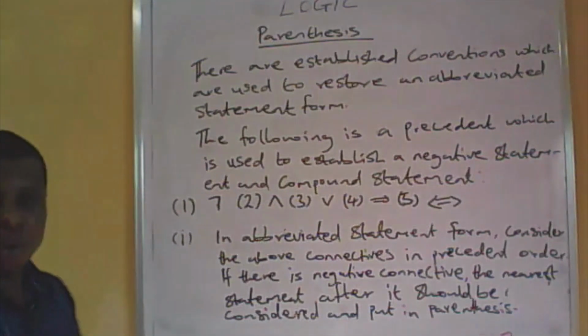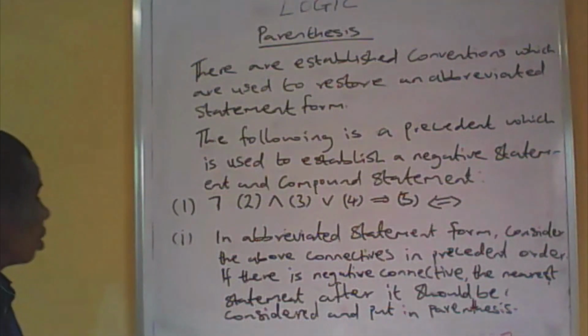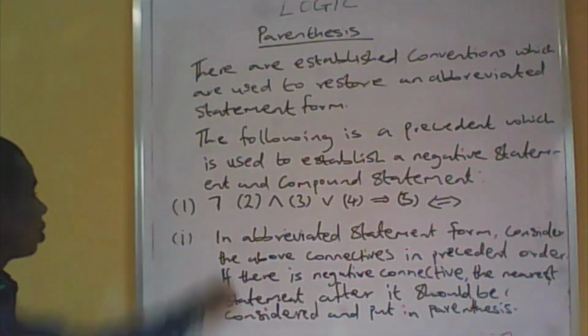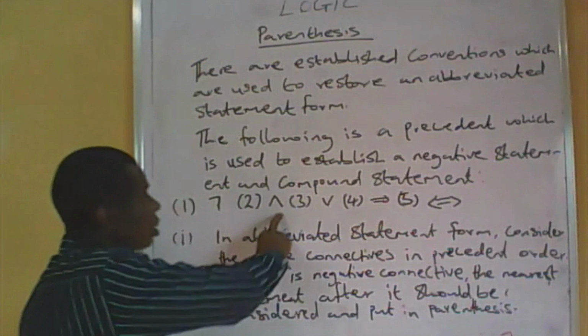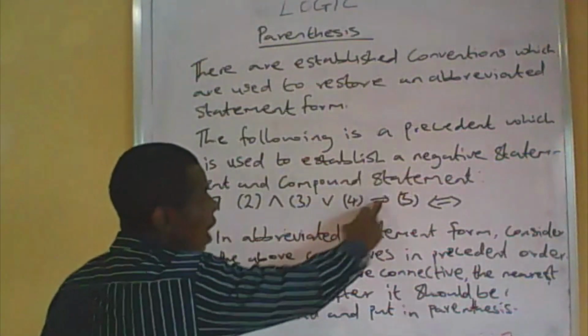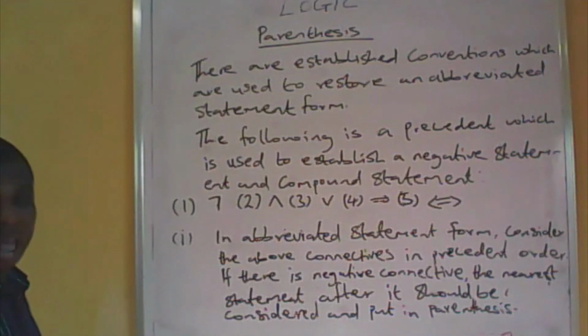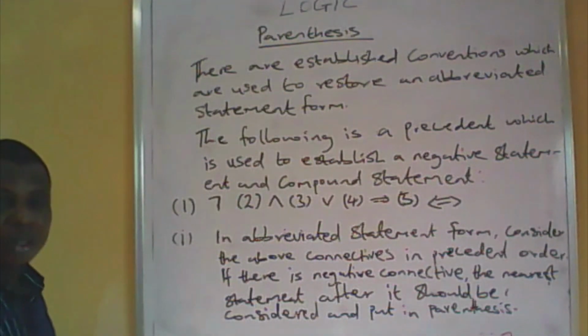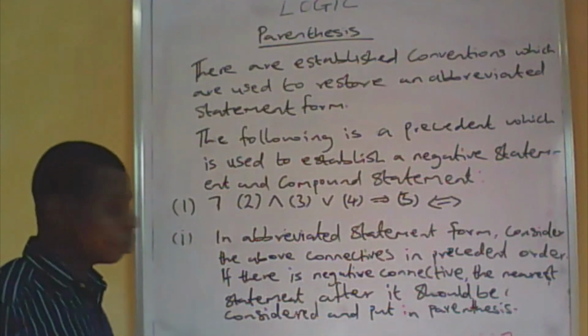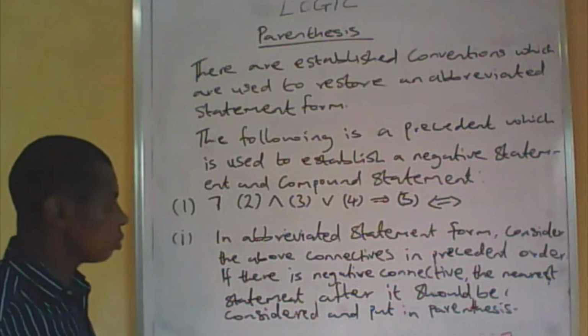As we said before, in an abbreviated statement form, consider the connectives in the present order. That means not, and, or, implies, if and only if. If there is a not in that statement form, you consider it first.